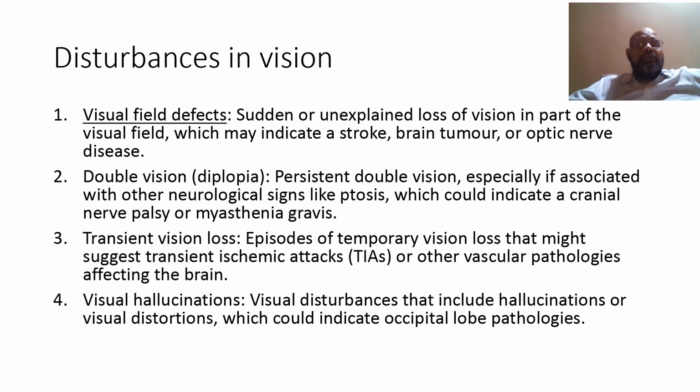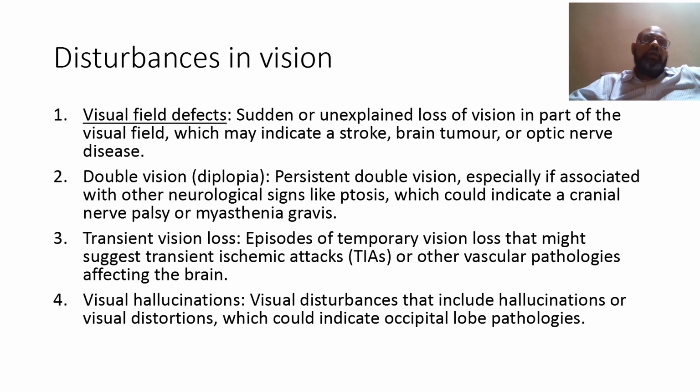A patient might have a visual field defect, which might be sudden or chronic or progressive, or they may have unexplained visual loss involving part of the visual field, which may indicate stroke, brain tumor, or even optic nerve pathology.